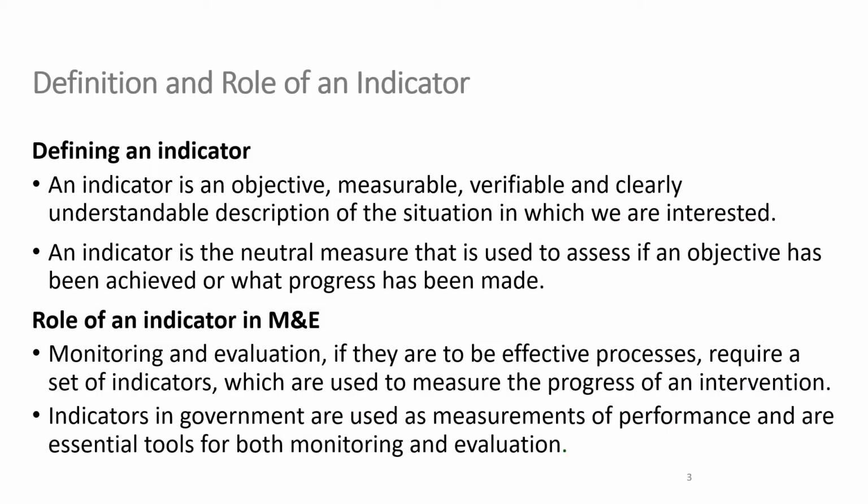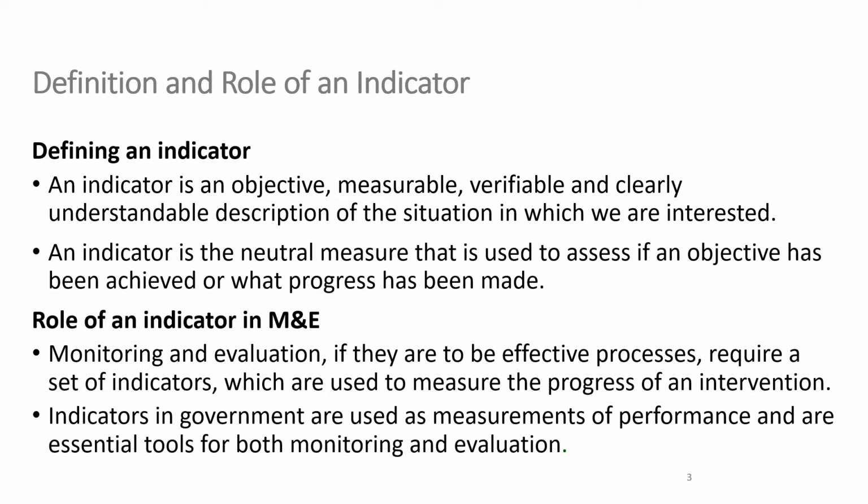So the definition and role of indicators is we can define an indicator as an objective, measurable, verifiable, and clearly understandable description of a situation. An indicator can also be seen as something that is a neutral measure. Neutral means that the indicator must be able to go up or down.